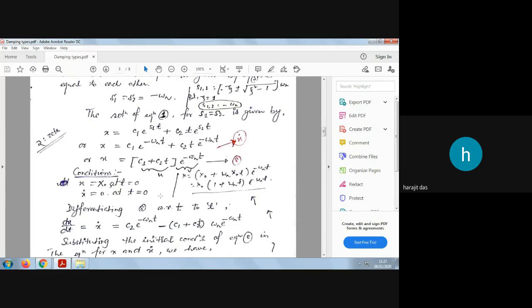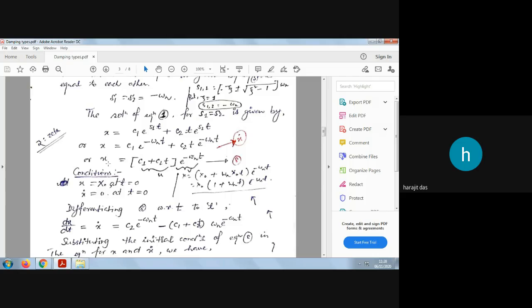So here we need to differentiate this term because this is in terms of displacement. We need to find out the values of c1 and c2. Because these two unknowns are there, we need another equation. From the initial conditions, we will get the equation for velocity also if we differentiate this one.